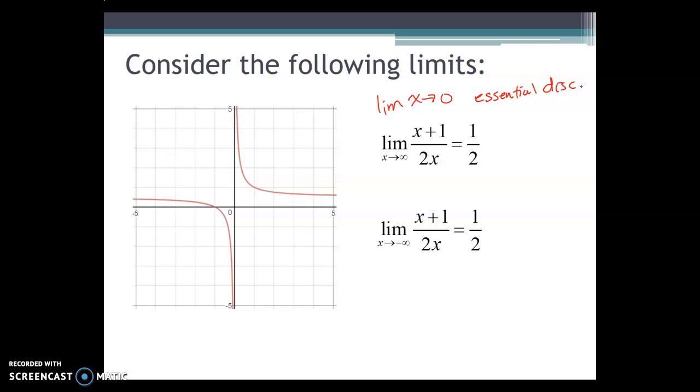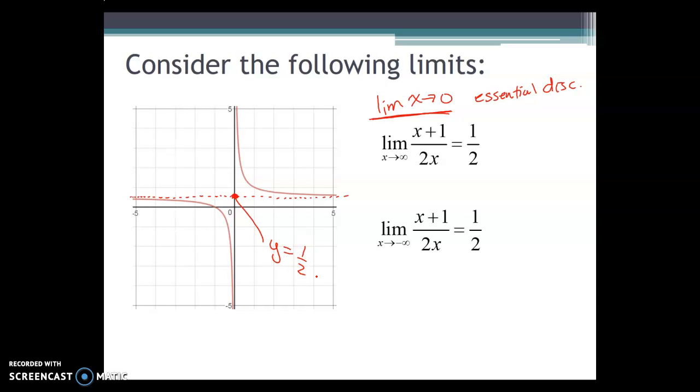And you would have no limit as x approaches 0. But we're not really interested in the limit as x approaches 0 here. We're interested in the limit as x approaches infinity, so as x gets really, really big. Perhaps you remember, back to Algebra 2, you have this horizontal asymptote here at y equals 1/2 in this particular case.